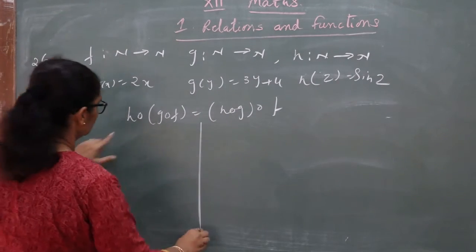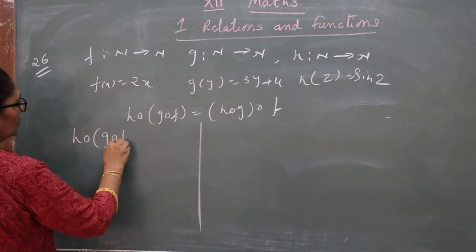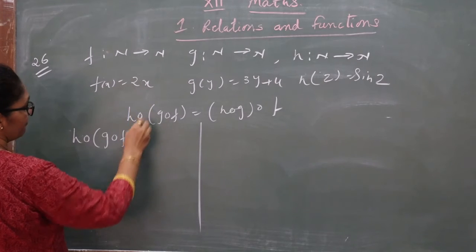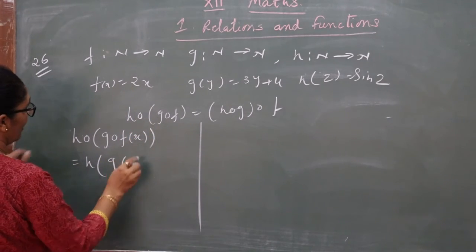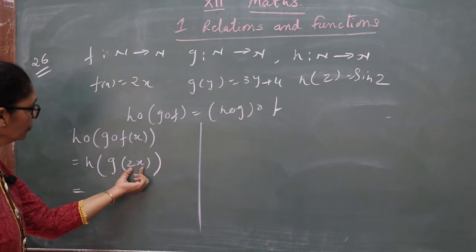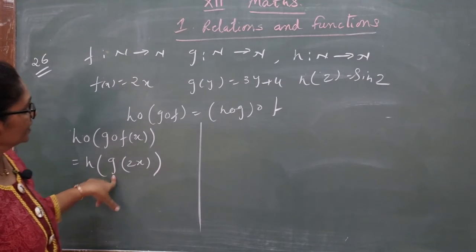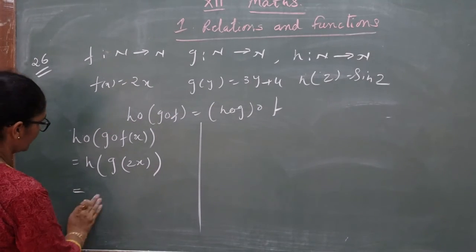Okay, let's come to this side. H over g over f of x. So we start with it. H of g of, on place of f x I can write 2x. Now you have to use this as a x and put up in g. So on place of y we are writing, what is it?